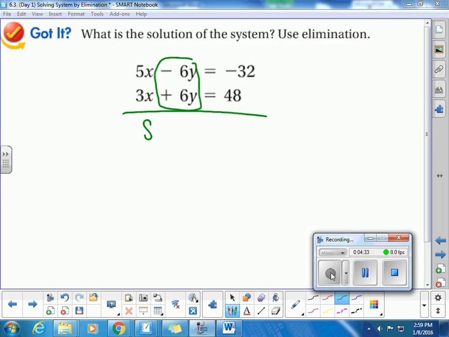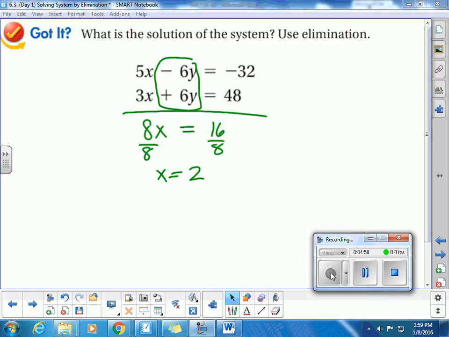So you have 8x equals 48 minus 32. So 16. And we divide by 8. And we get x equals 2. And again, we have to plug that x in. Doesn't matter which equation we plug it in. Let's take it and plug it into this top equation.